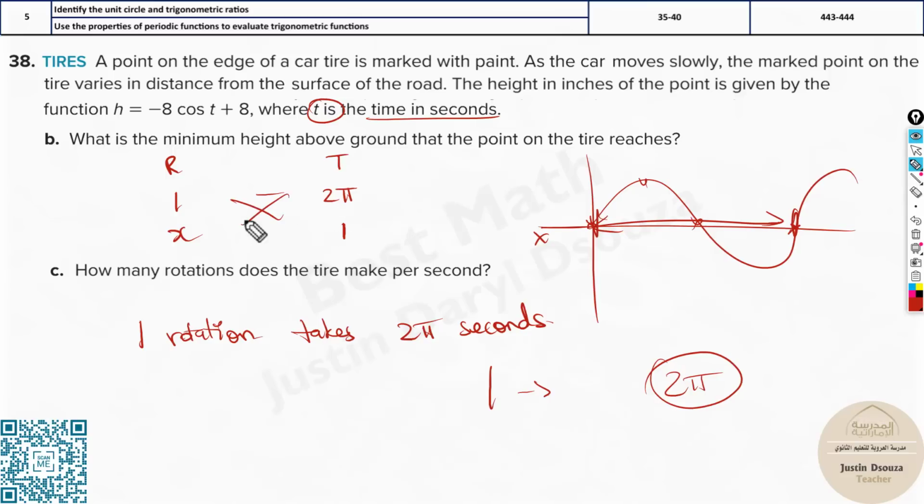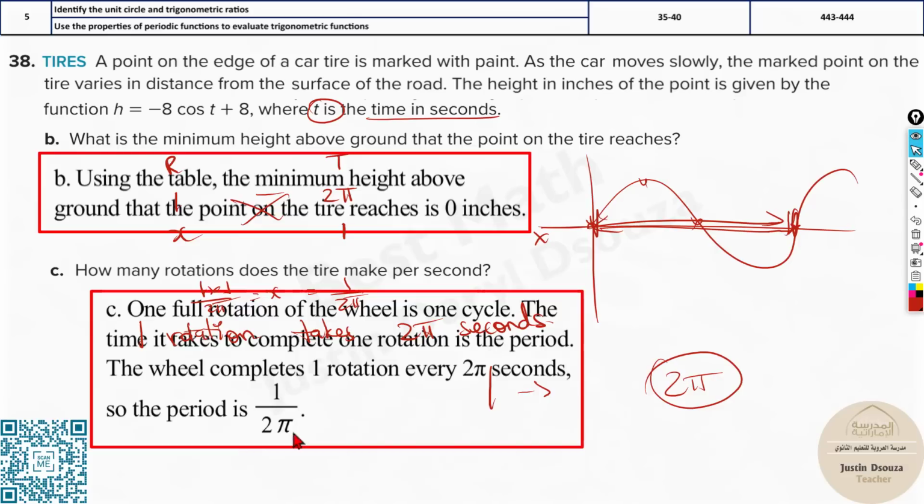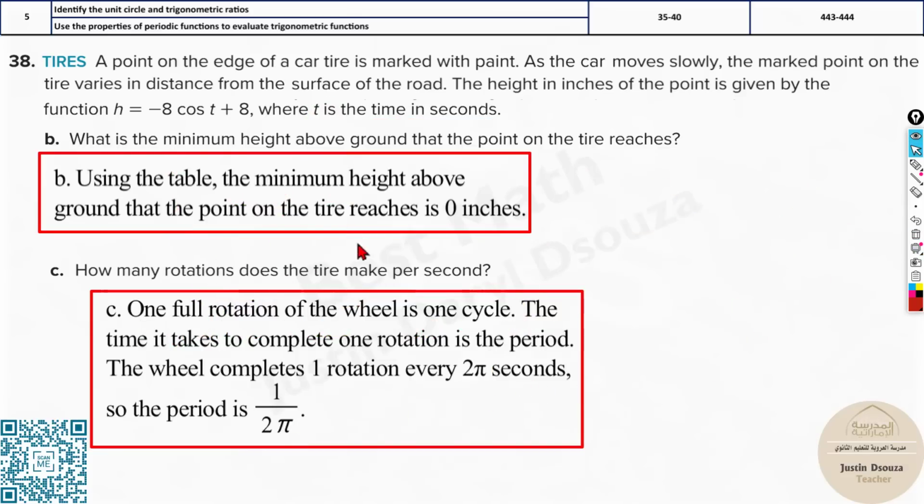You just cross multiply: 1 multiplied by 1 divided by 2 pi is equal to x. So it's basically 1 by 2 pi. Or you can just see the time for one rotation is 2 pi, so the inverse of that will be the answer. So it's 1 by 2 pi rotations per second.